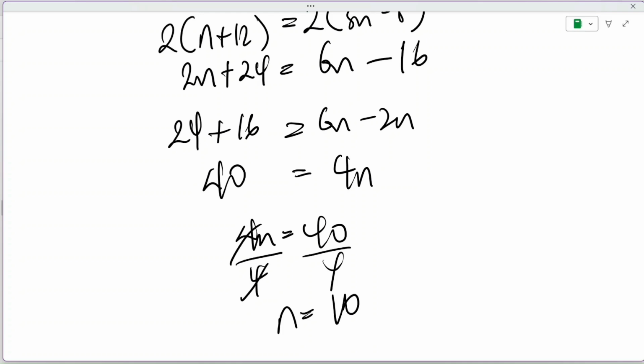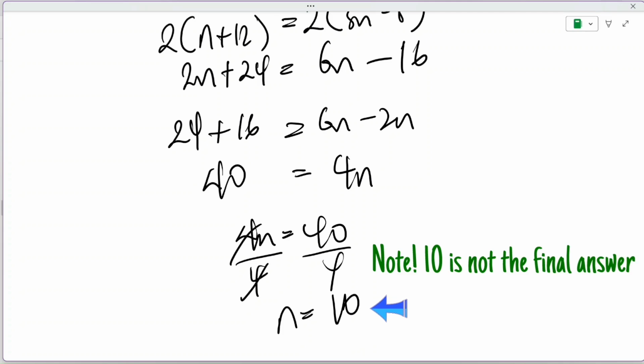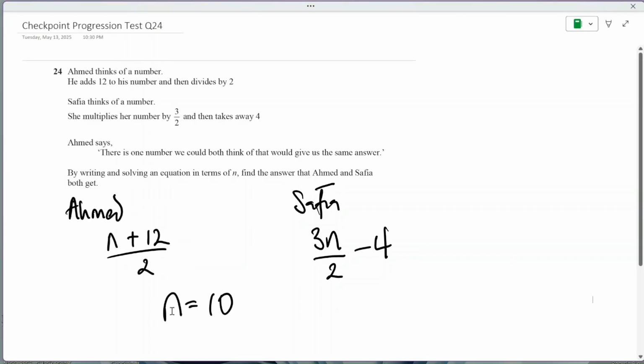The number that can both satisfy their equations to give the same answer is 10. That's n is 10. You know, the number Ahmed said they could both think of and will give them the same result is 10. But the question says find the answer they will both get if they apply this particular number into their equations. We know the number, which is n, is 10.